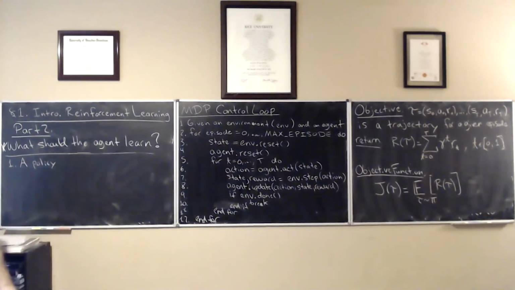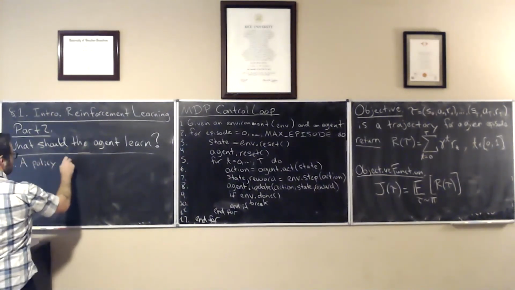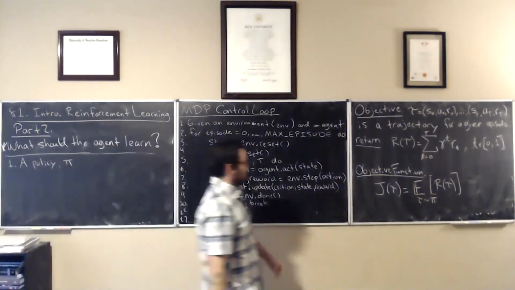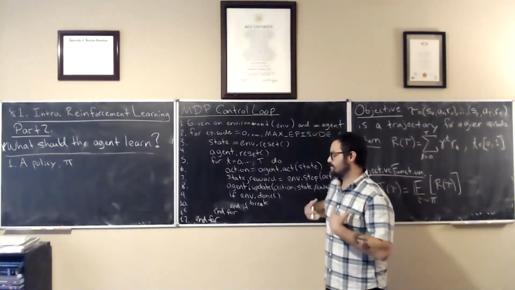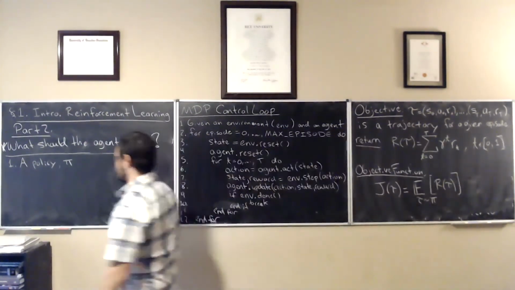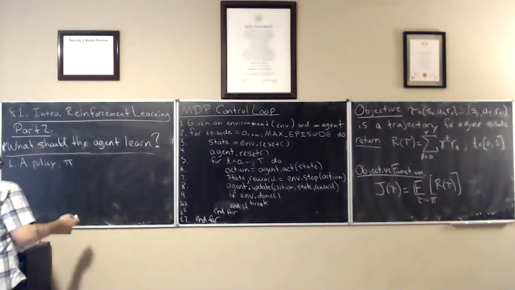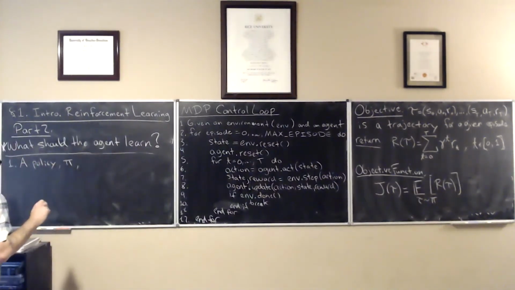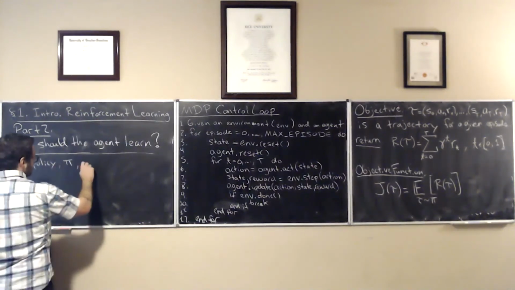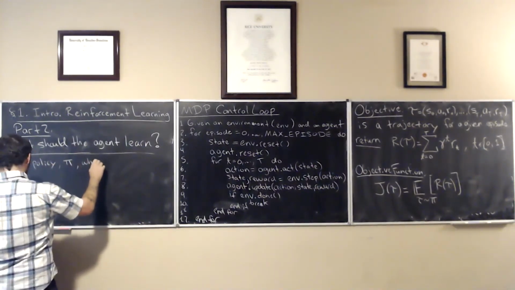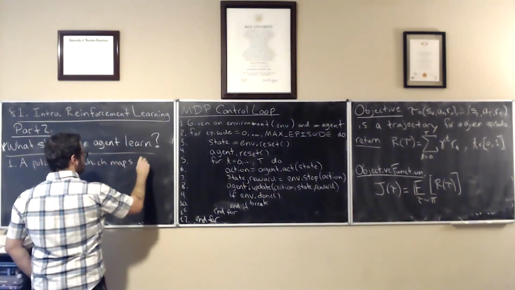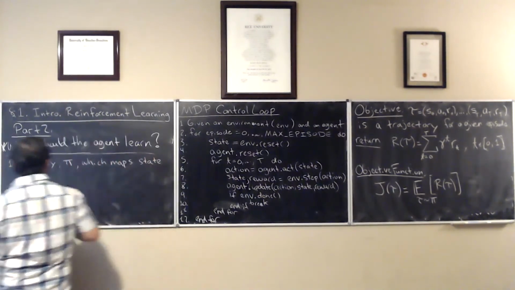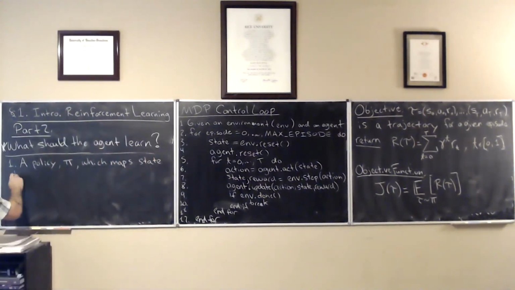Again, recall that a policy is what, given a state, the agent is going to choose an action, right? So a policy, yeah, it's a function which maps state at time t to an action at time t.